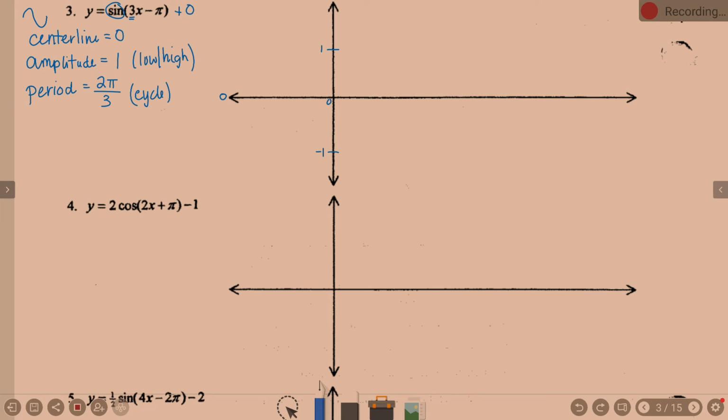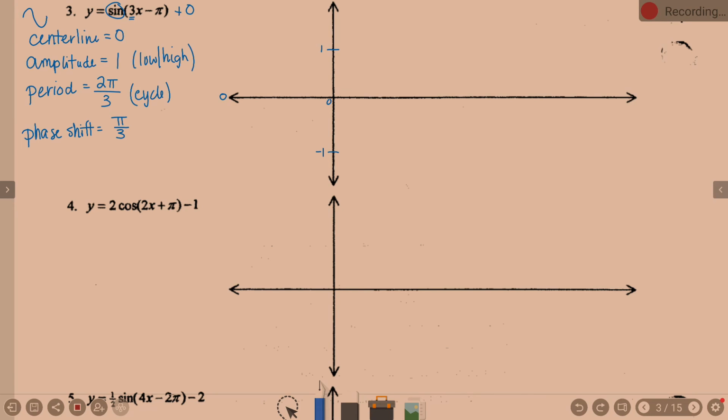What else do I need to talk about? Phase shift. The hint is I wrote down the words phase shift for the first time, didn't I? Yeah. And there's a C value. And this is C over B. And my phase shift is going to be pi over 3.